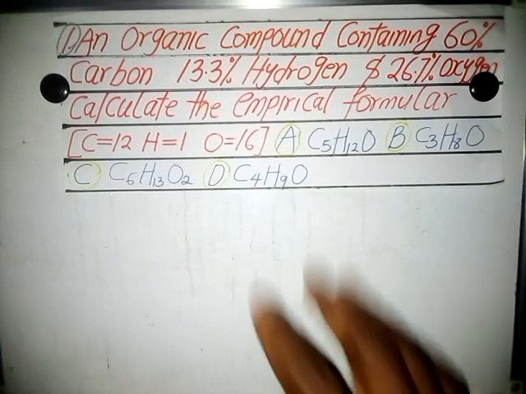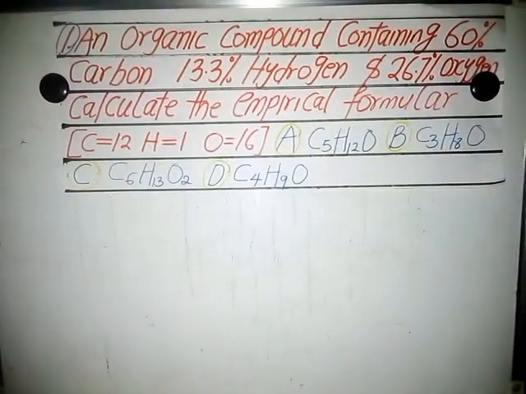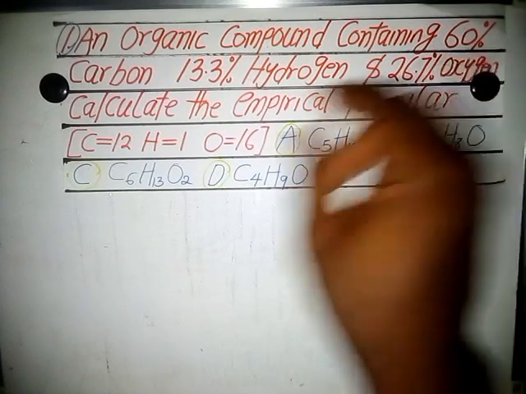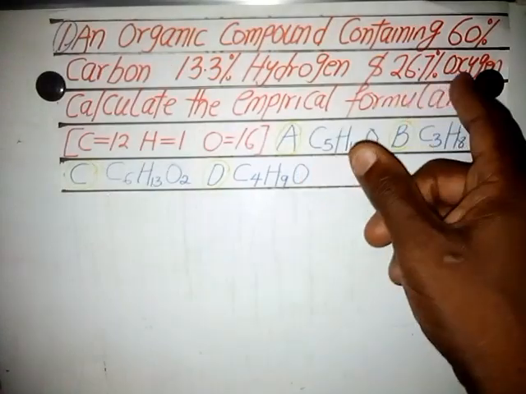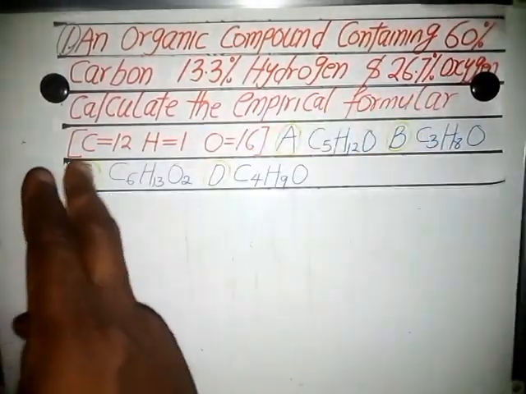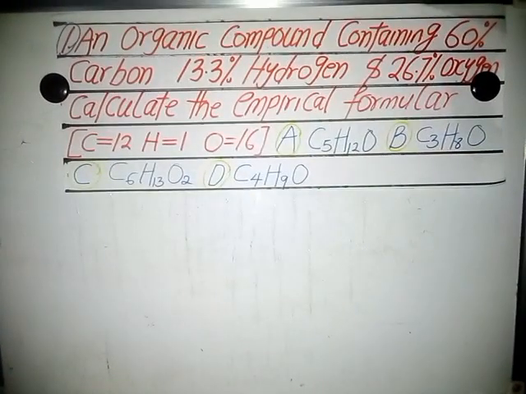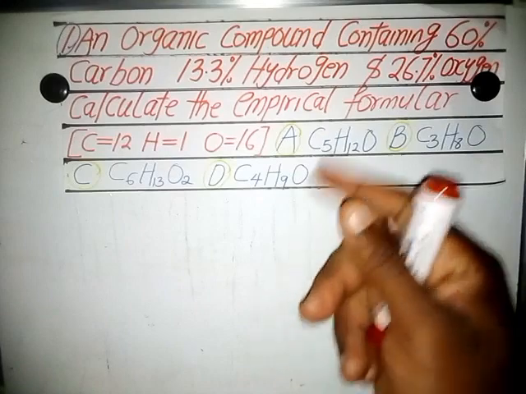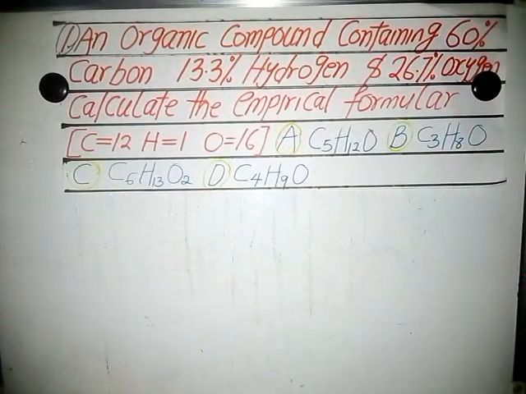Let's answer some questions. We are given an organic compound containing 60% of carbon, 13.3% hydrogen, then 26.7% oxygen. Calculate the empirical formula. We are given the atomic masses, then these are the options. So you can see that it's between carbon, hydrogen, and oxygen.